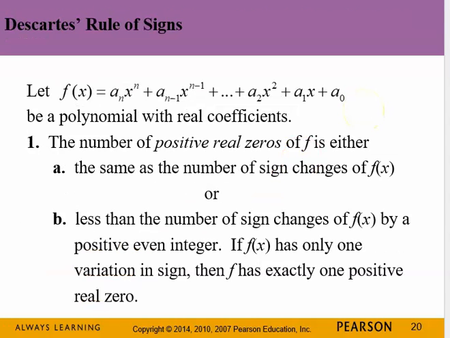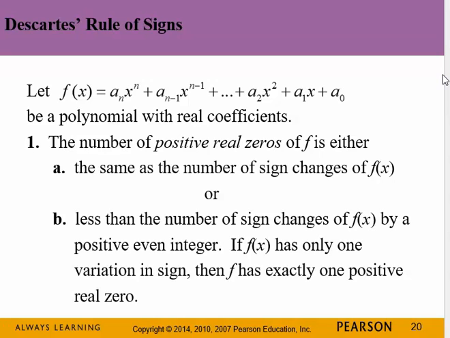Now for our last lesson, or last part of this, is Descartes' rule of signs. So if we have a series of terms in an equation that has powers, we want to see how many times there is a change of sign.